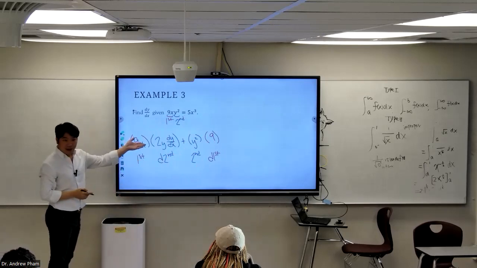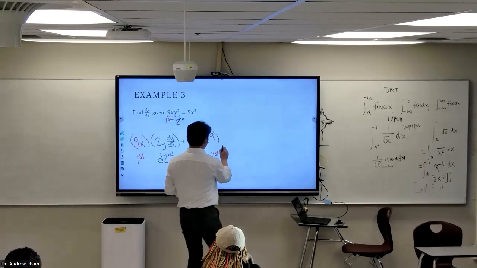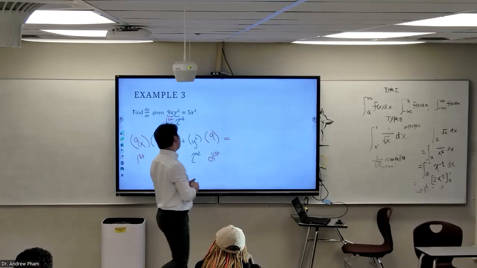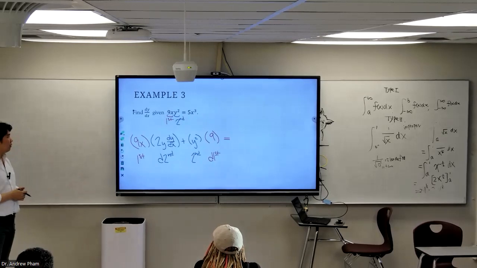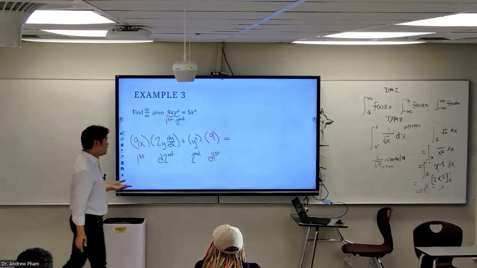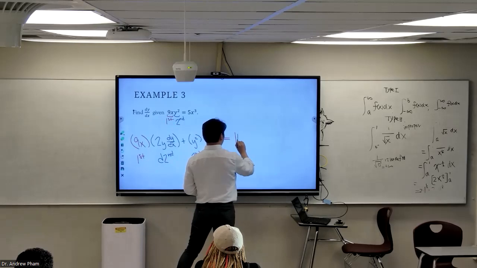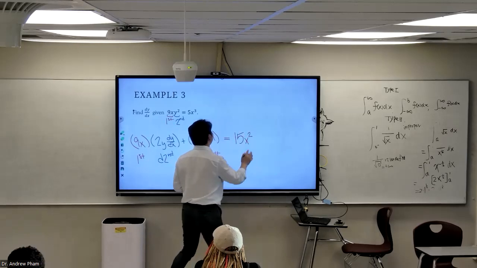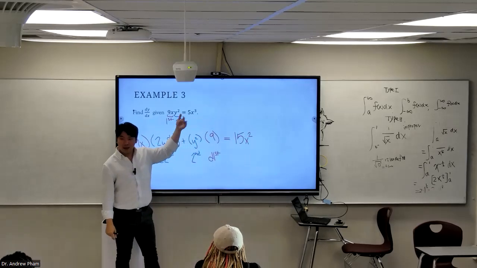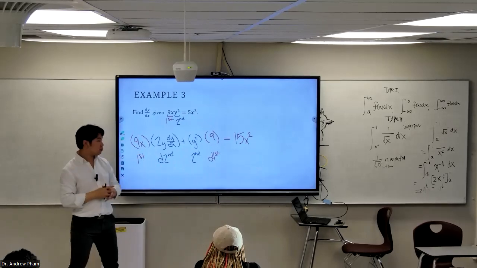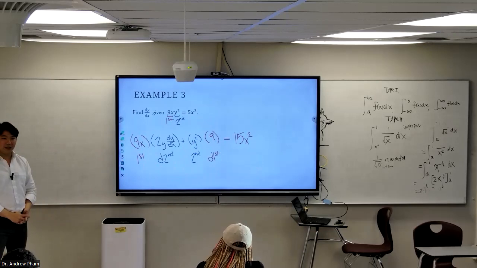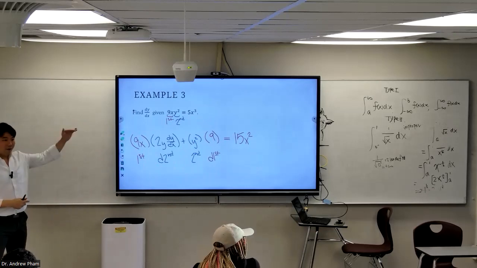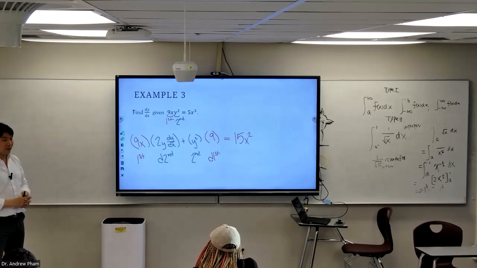So that's my left side. And this is equal to, what's the derivative of the right? Yeah, 15x squared. We don't have to worry about dy dx because there are only x's on that side. So this is me doing my implicit differentiation. We take the derivative right from the start without moving anything.